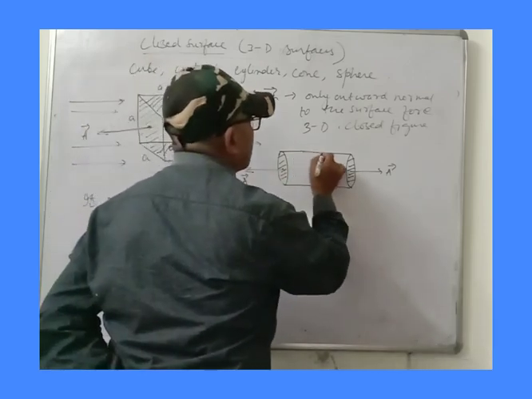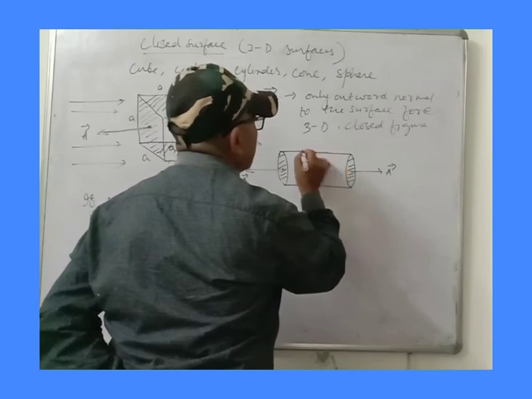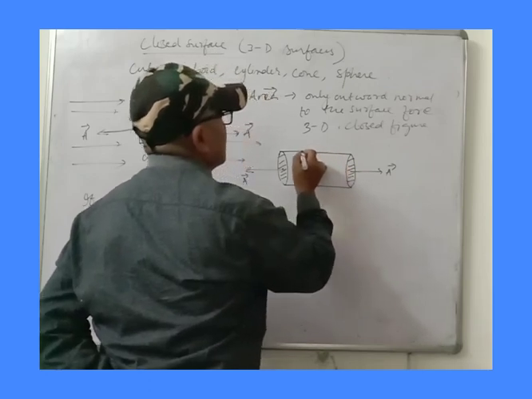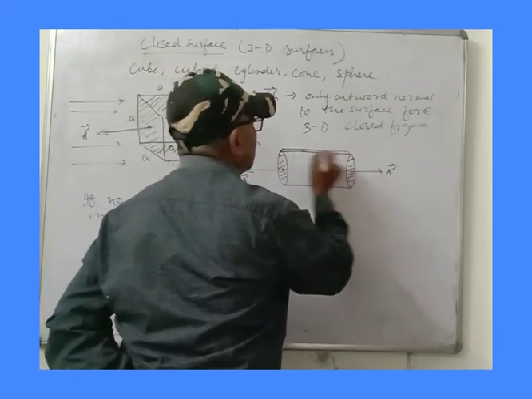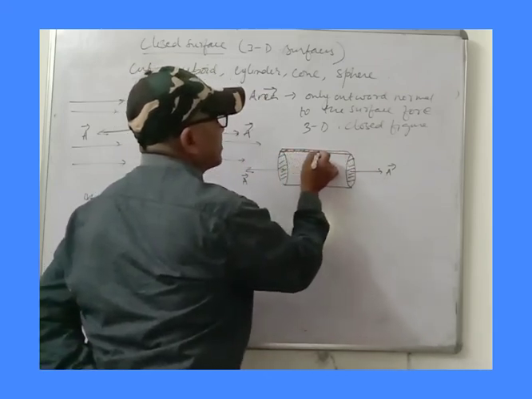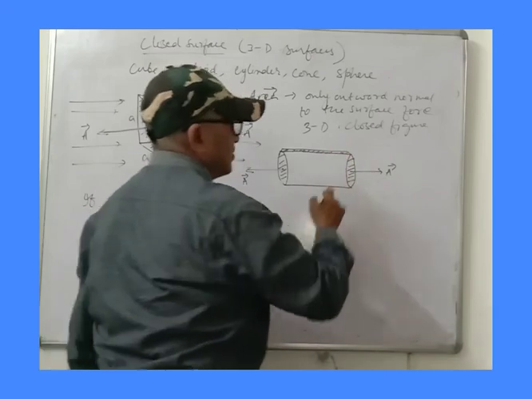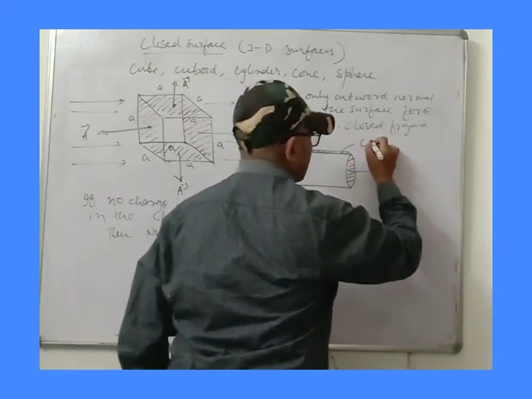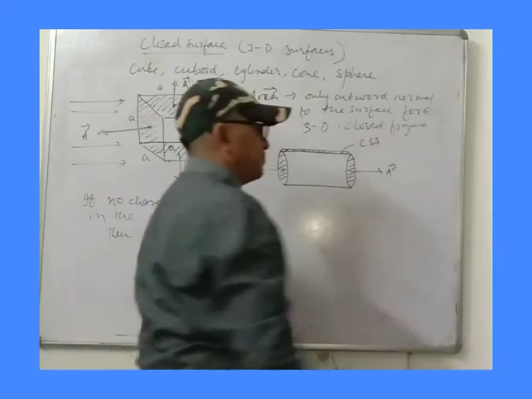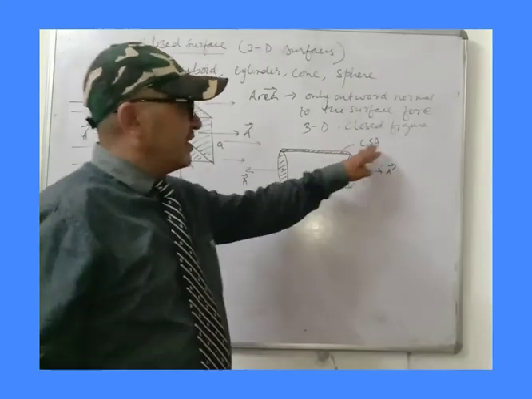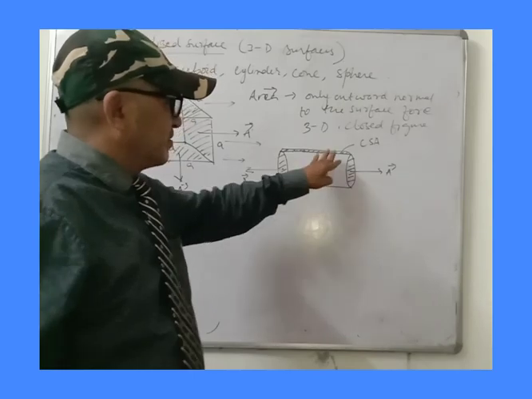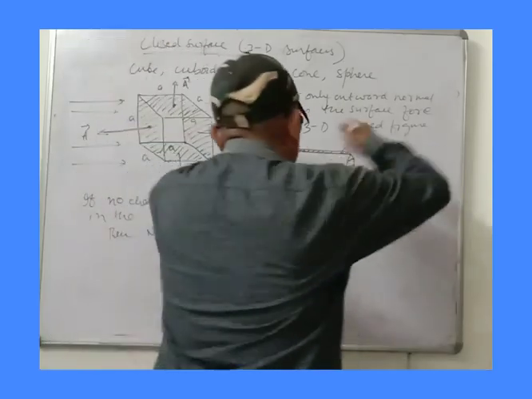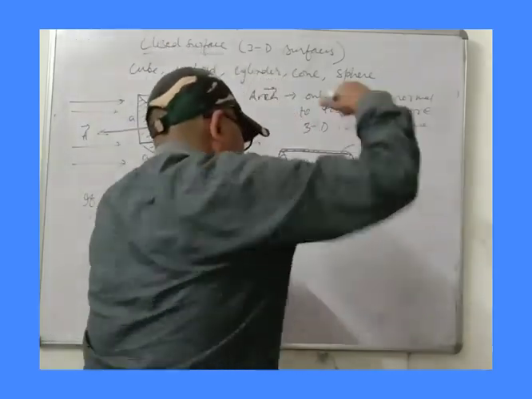Suppose there is a surface, this one, shown like this. Which surface? The curved surface, CSA, curved surface area. You have studied in class 9 or 10. The cylinder curved surface.